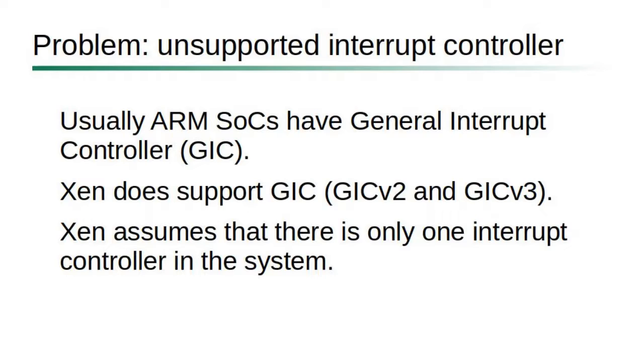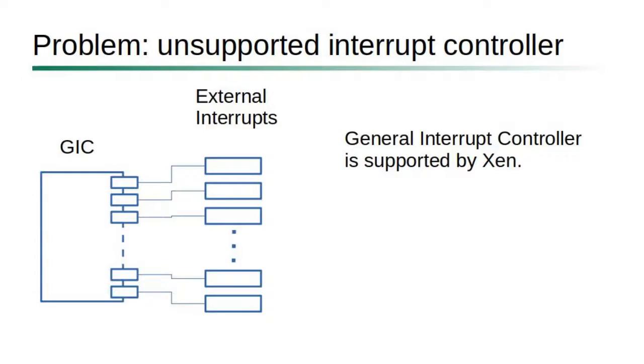The main problem with that system on a chip was its interrupt controller. In a typical case, a modern ARM processor has one interrupt controller, the General Interrupt Controller or GIC. And the Xen hypervisor does support it, and it assumes that this is the only interrupt controller in the system.